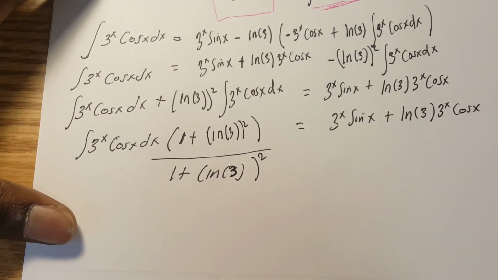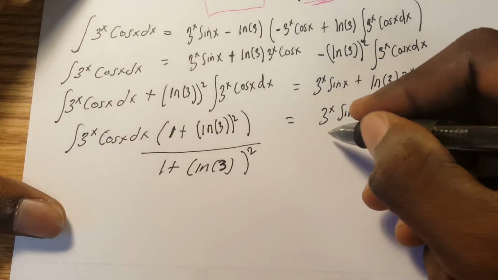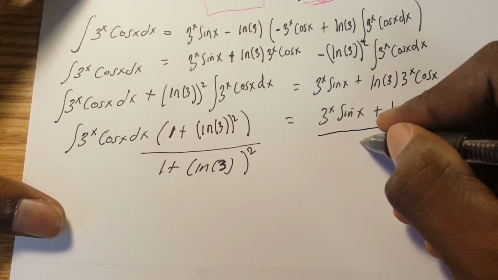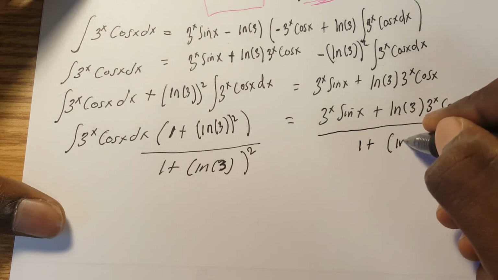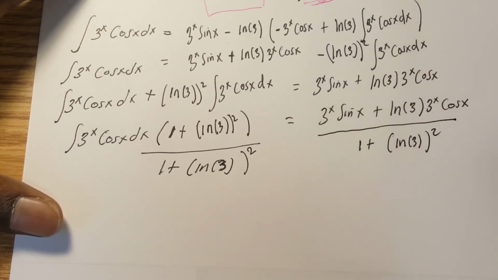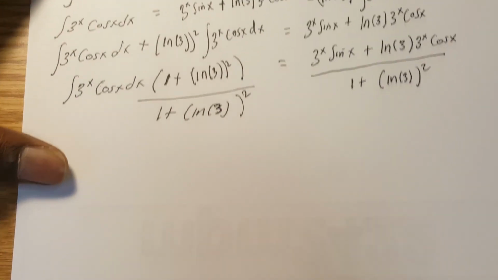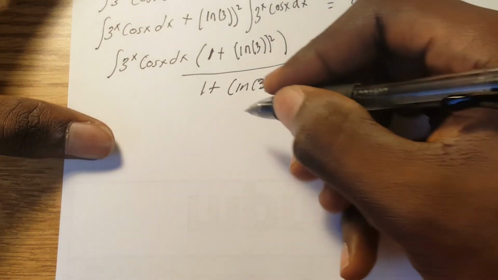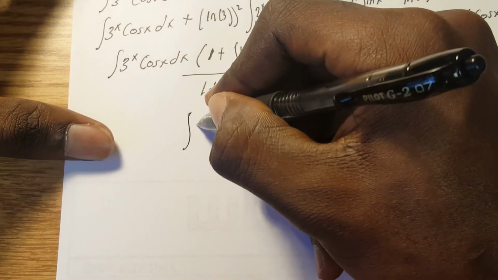Then we're gonna divide this side by 1 plus natural log of 3 all squared. So you have this guy to stand alone now.